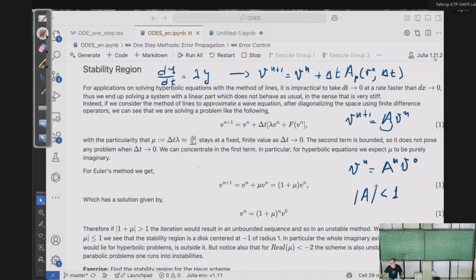And if we are in a system, it should be with a norm, not an absolute value, but it's enough for each method to do this for one variable. So we are looking for this amplification factor. In Euler's method, the amplification factor is A equals 1 plus mu, where mu, remember, is lambda times delta t.